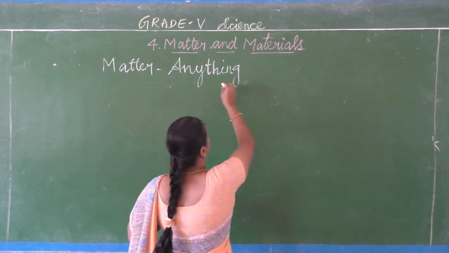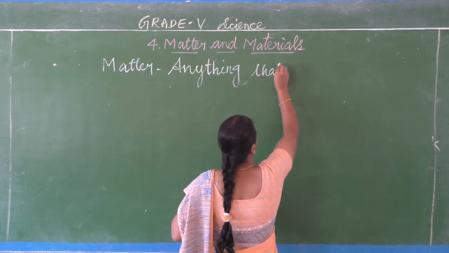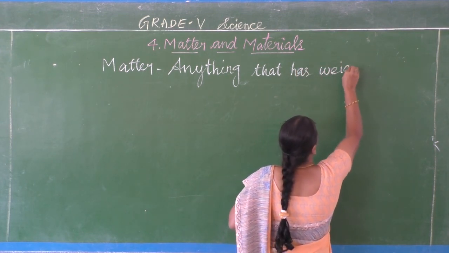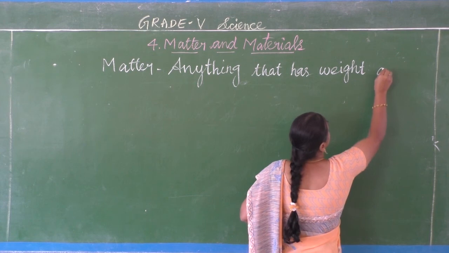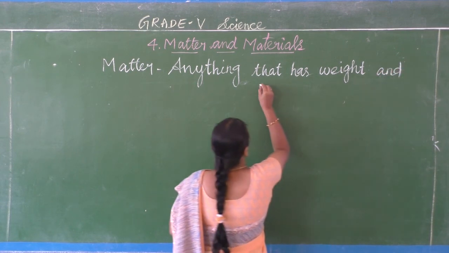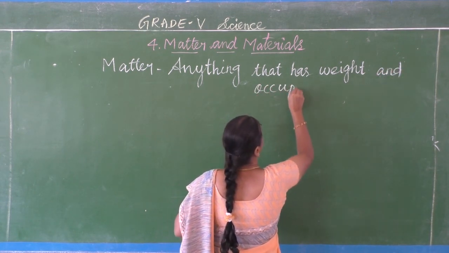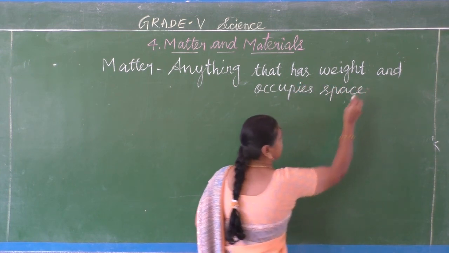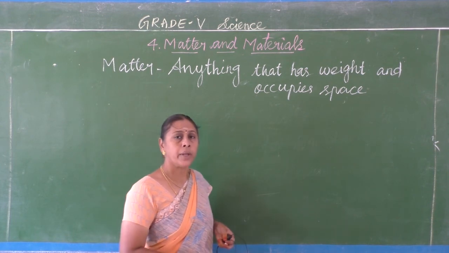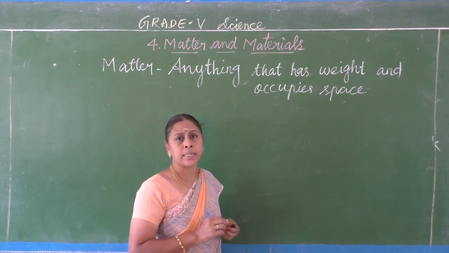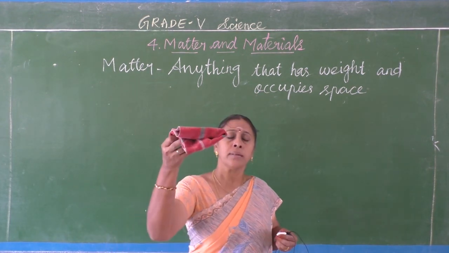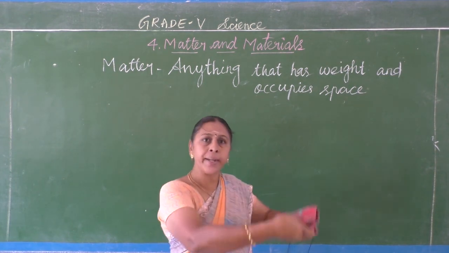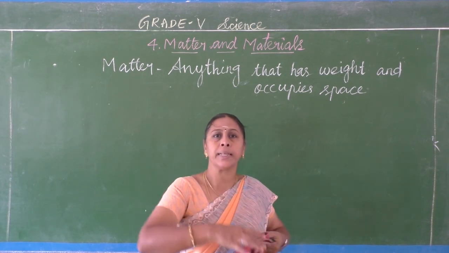So anything that has weight and occupies space is called matter. Okay, so all the objects, if it is a cloth, it is also a matter because it will have some weight, and if you keep it in a place, it will occupy some space.